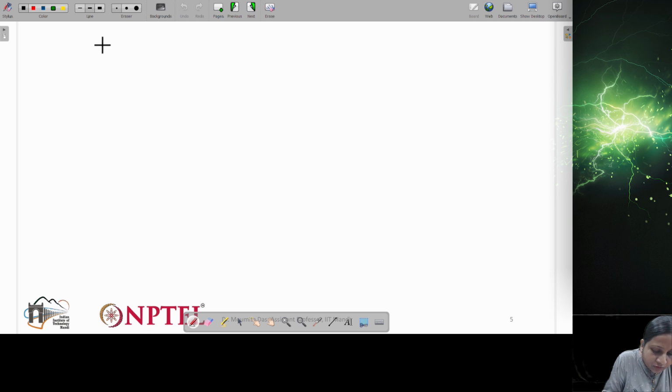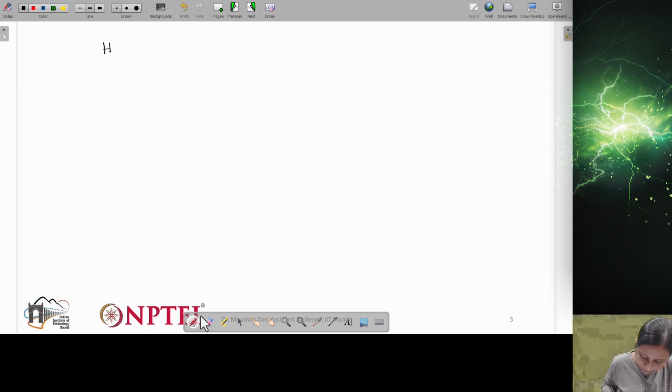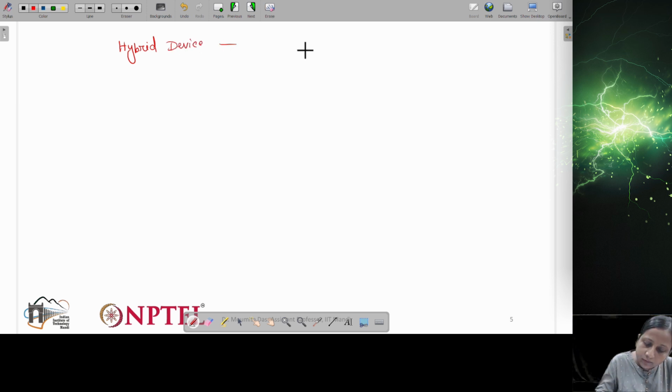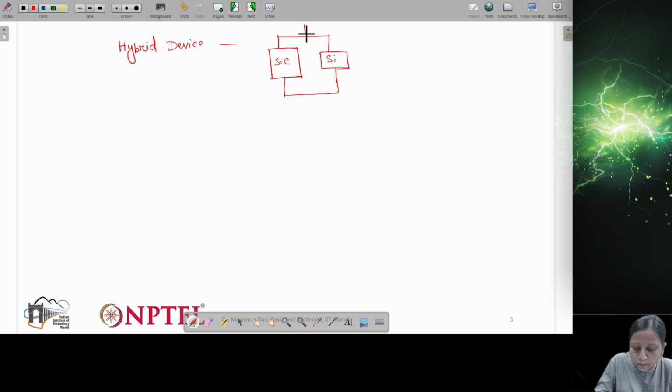So basically when we say hybrid device, what we mean is that since we are considering high power, we consider a silicon carbide wide bandgap device in parallel connection with the silicon device, so that is what I am drawing here. It will be connected to the silicon, and this part can be connected wherever it is needed.